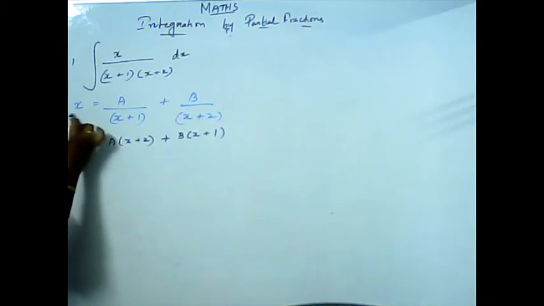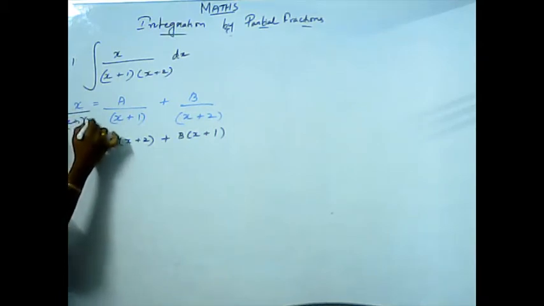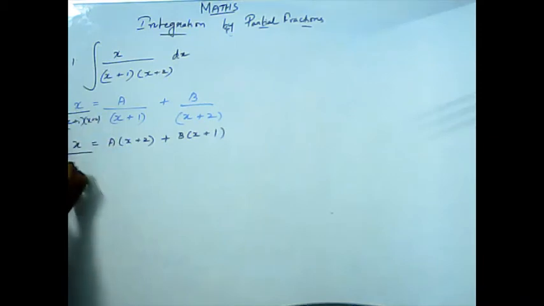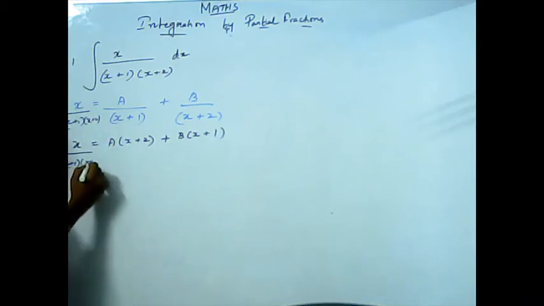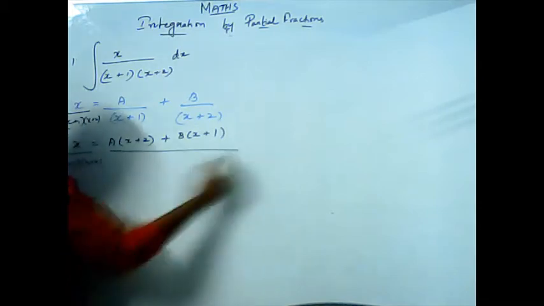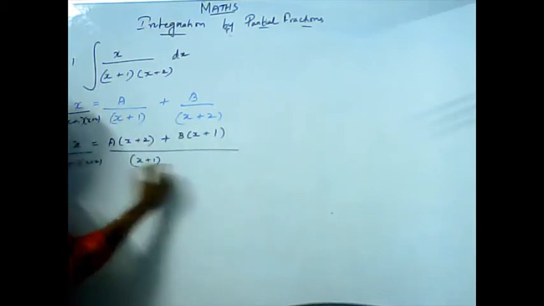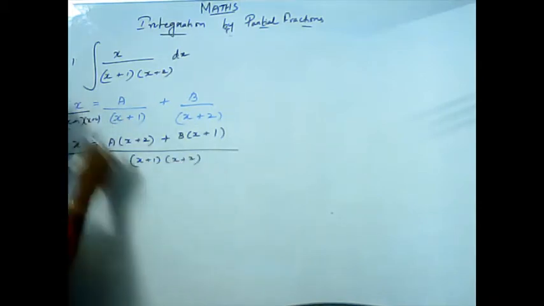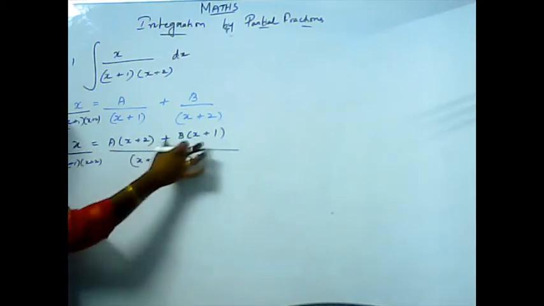Actually, this x by (x plus 1)(x plus 2) is what we are writing. In the denominator also you have (x plus 1)(x plus 2). So this term can be rewritten like this.